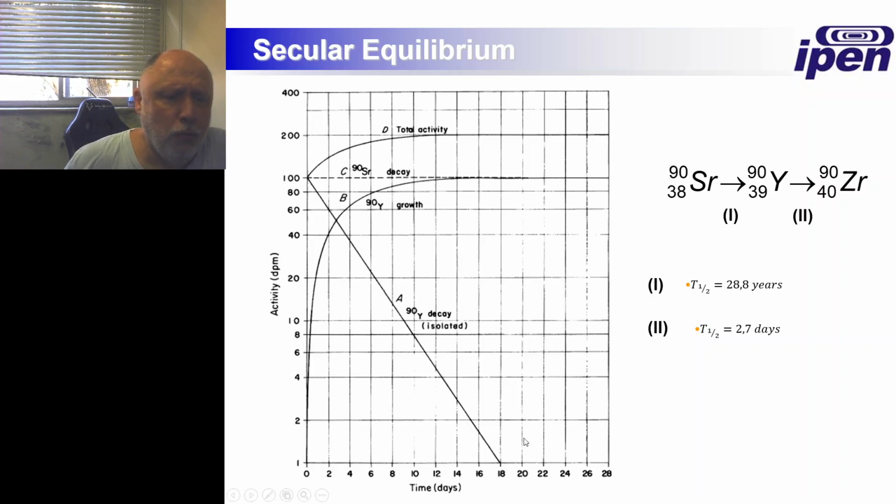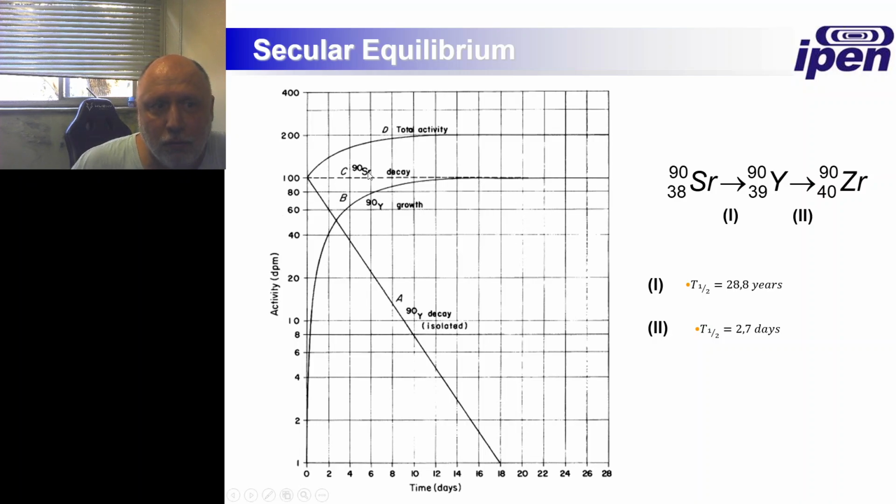So if he won't lose money throughout his life, you see that his son spends money like crazy. If it was just the yttrium without the father, it would decay really quickly. But it's not. It's being fed by the father, who is just giving him money and money and money, so that in fact it seems that the junior has all the money the father has. Okay, so that's what happens essentially.